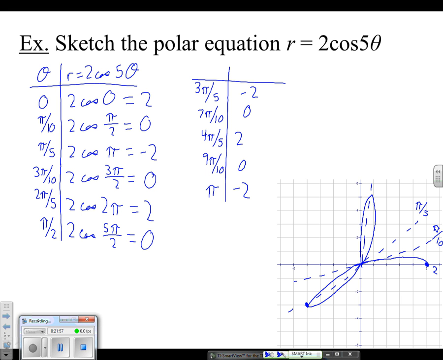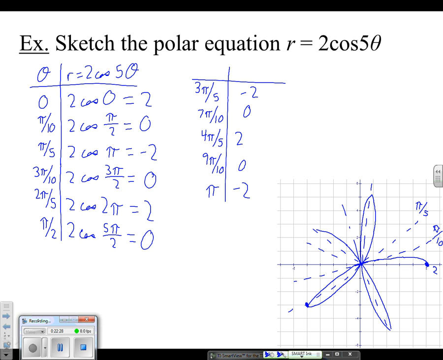Okay, so when my angle is 3 pi over 5, so that would be here somewhere, my radius is going out to negative 2. And then my radius is coming back to 0. By the time I'm at 4 pi over 5, so over here somewhere, my radius is back out to 2.